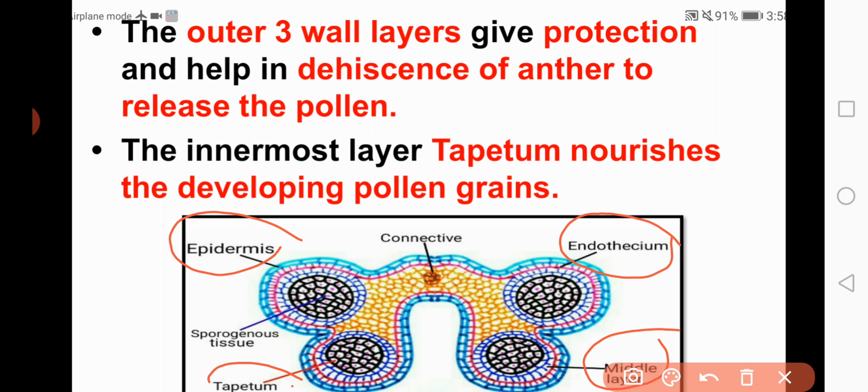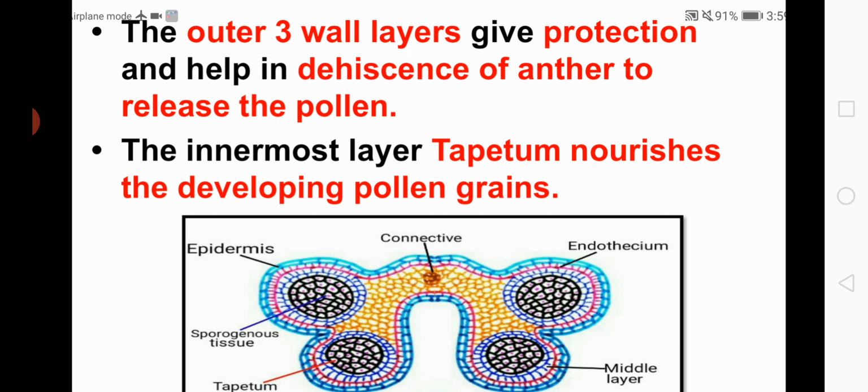These layers give protection and help in the splitting of the anther to release the pollen grains. Whereas the function of the innermost wall layer, that is tapetum, is that it gives nourishment to the developing pollen grains. Is that clear? So this is about the structure of TS of microsporangium.